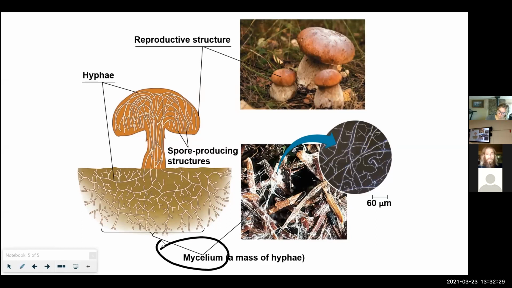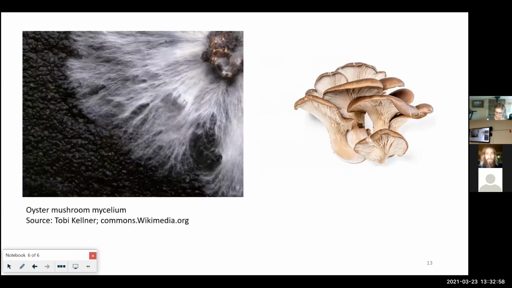And that mycelium penetrates and infiltrates the material on which the fungus feeds. Okay, so there might be bits of wood in here, there might be, you know, dead things or whatever. And by reaching in between every little nook and cranny, the fungus can take advantage of those nutrients. And so the mycelium is like the body of a multicellular fungus. Okay.